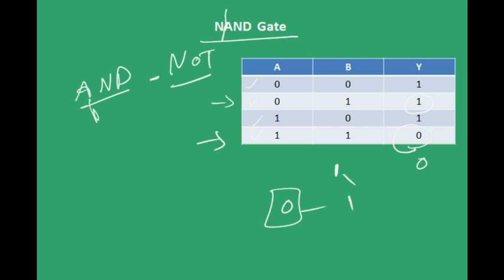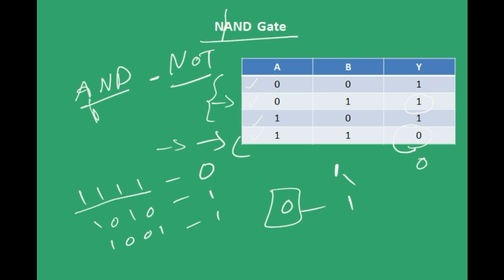A simple way to remember is that if all the inputs are 1, 1, 1, then you are going to get the output as 0. If it is any other possibility, then you are going to get the output as 1. Note that. As you see here, if all the inputs are 1, then you got 0 in the fourth case. Otherwise, in all other cases, you got 1. So if you have 3 inputs, 4 inputs, just follow the same logic. If you have all ones, then you get 0, otherwise 1.